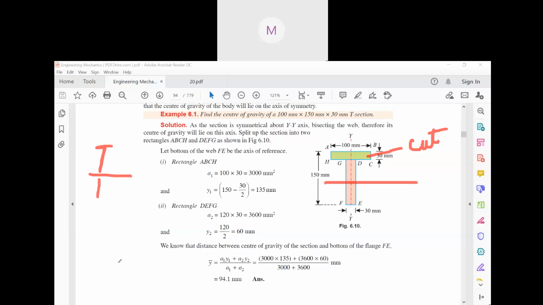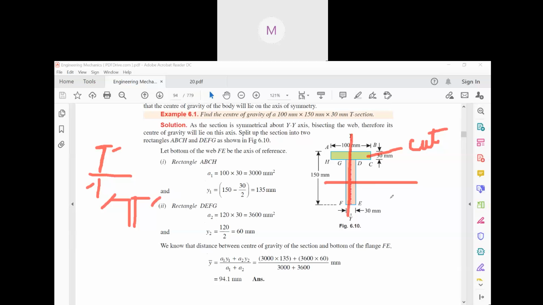But if you cut like this, one part will remain like this and the other part will remain like this. That means the T is cut into half. Now both are equal, both are the same, but here it is not the same. Yes or no? Are you getting the idea of what is symmetrical and what is non-symmetrical? Yes, sir. Okay, good.